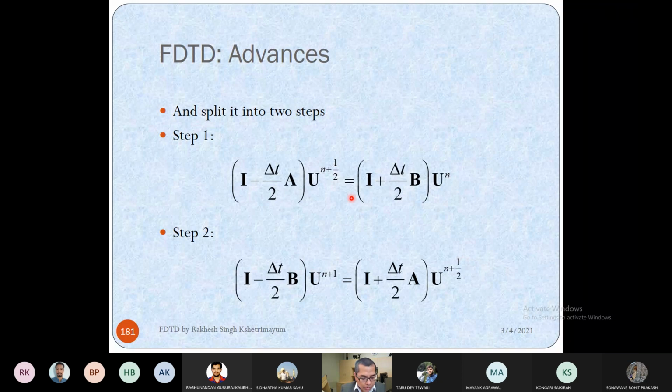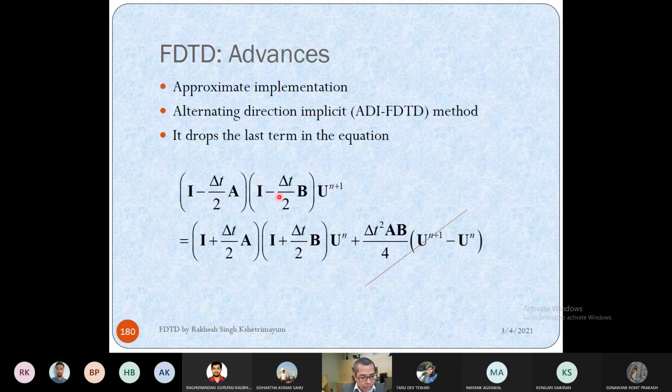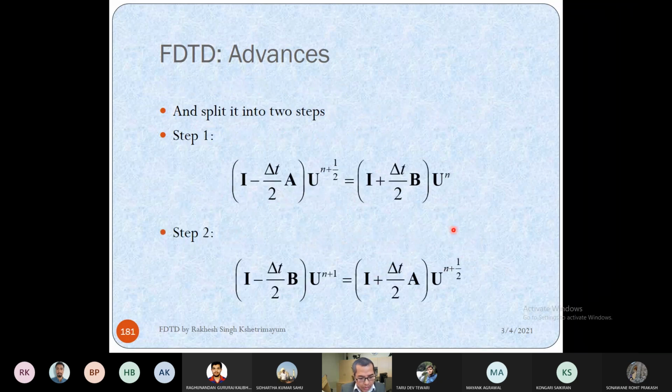Looking at the previous equation, with all these terms, I can split the FDTD of that equation into two parts. First, I go from U^n to U^(n+1/2). I multiply (I plus delta t by 2 B) with U^n, and I get U^(n+1/2), and we also have this (I minus delta t by 2 A) here.